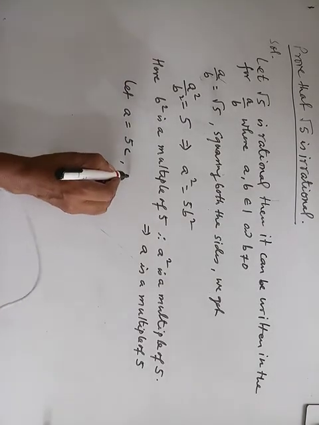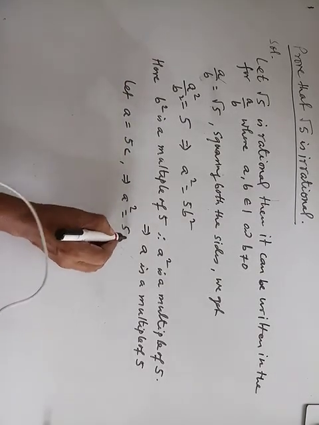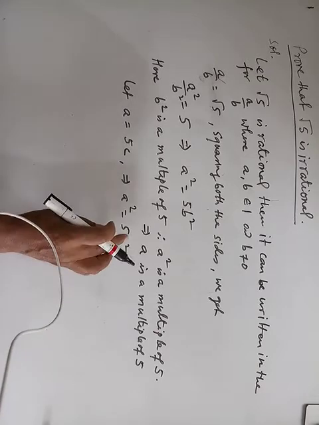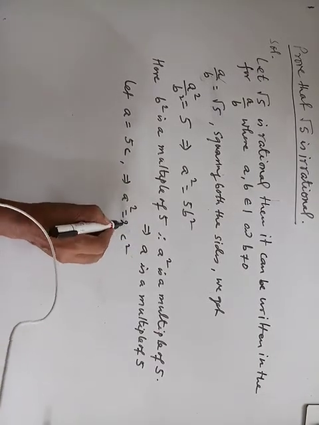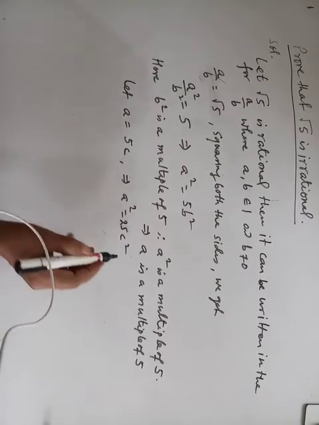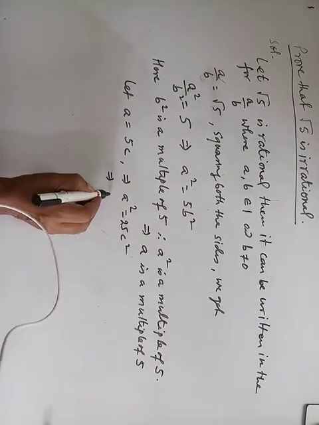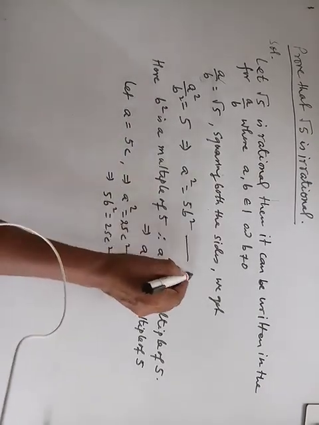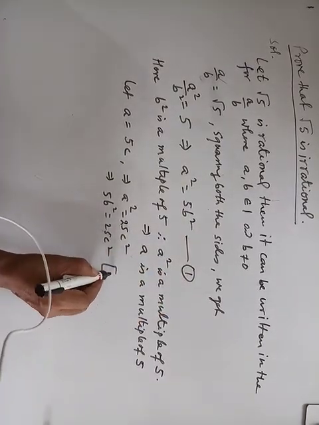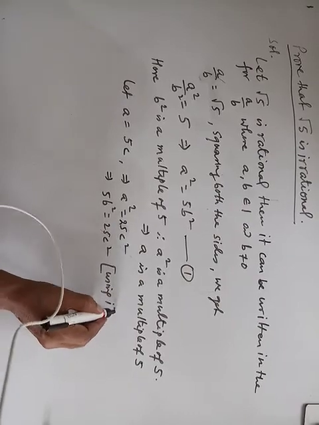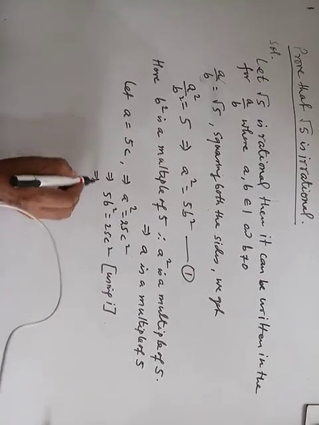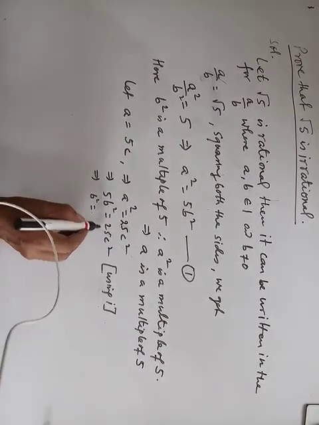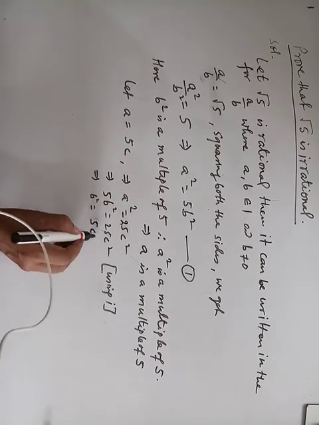Squaring both the sides, a square is equal to 25 c square. So 5 b square is equal to 25 c square, using equation 1. Dividing 25 by 5, b square is equal to 5 c square.